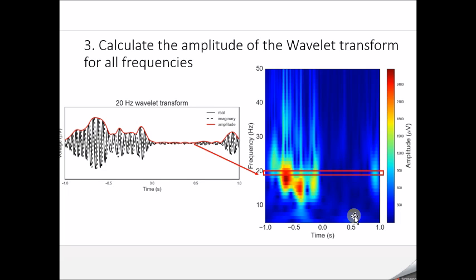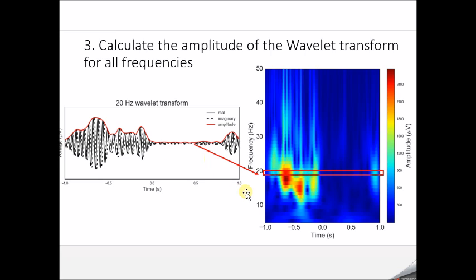So that is all just for the 20 Hertz wavelet, in which we got this red amplitude envelope as a function of time. But with the continuous wavelet transform, we not only convolve our signal with a 20 Hertz wavelet, but wavelets at any frequency that we desire.